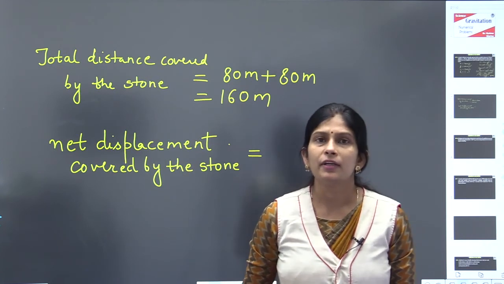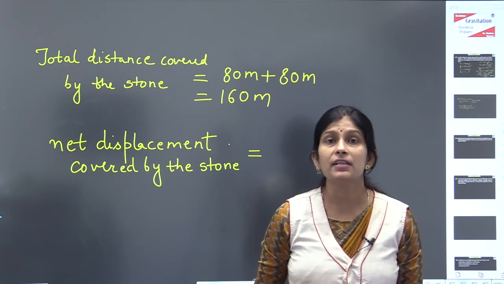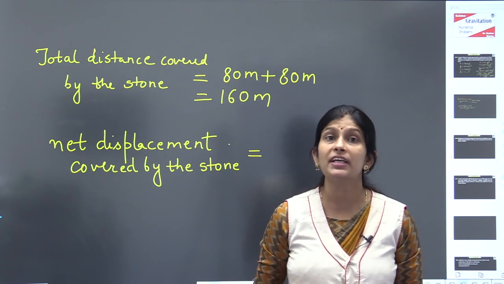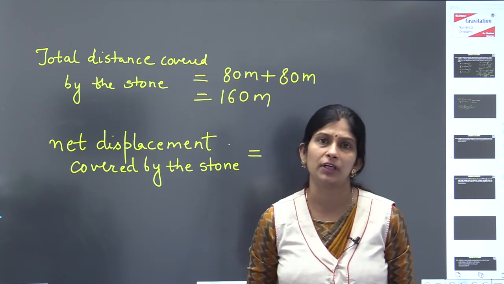In chapter 8, you studied that displacement is the shortest distance between the initial and final position of the object.